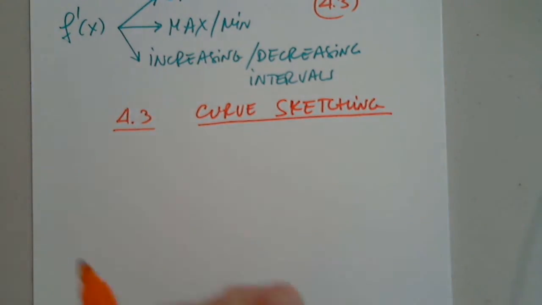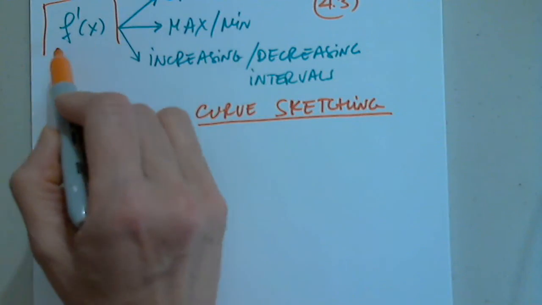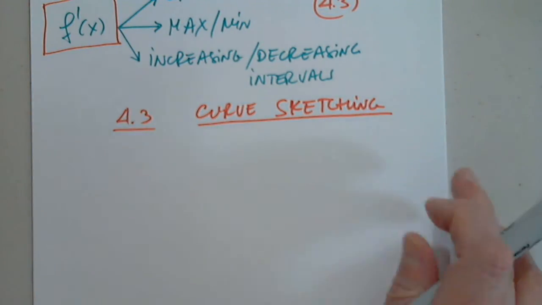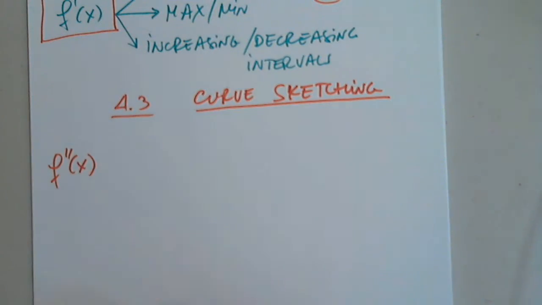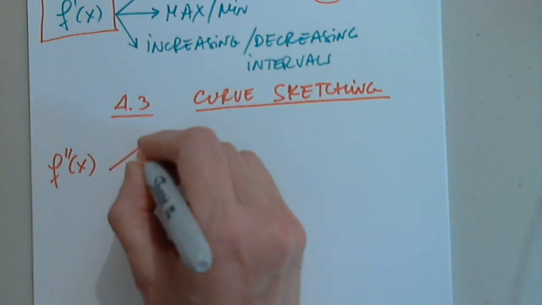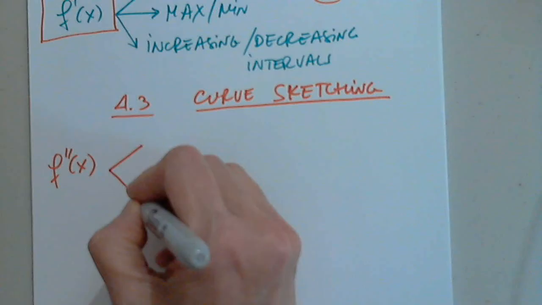Okay, so we know what we learned from the first derivative about the function. Well, let's see what we learned from the second derivative about the function. And we have the following.